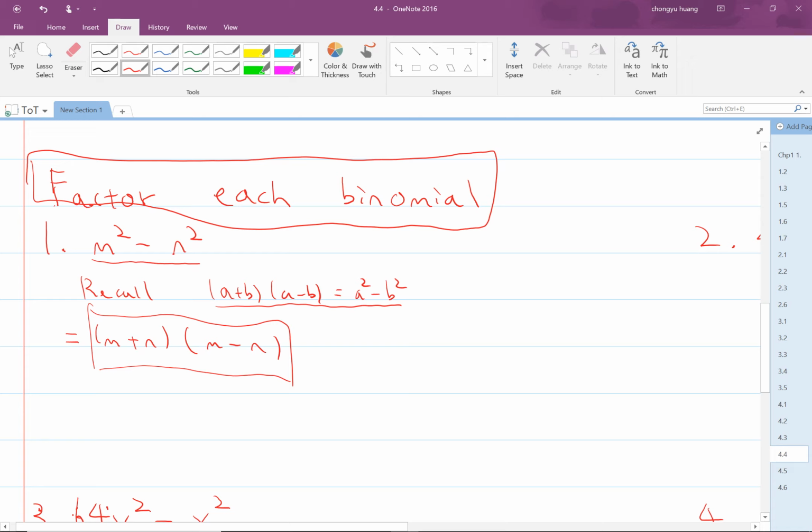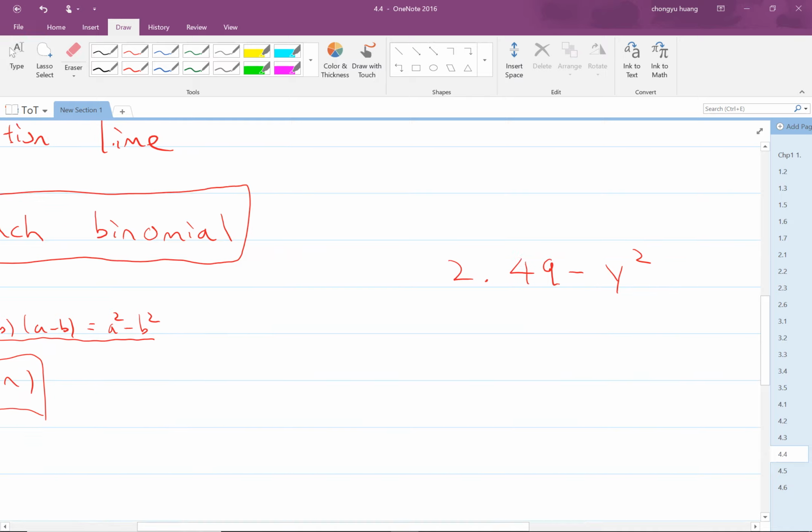So m plus n times m minus n is the solution for question 1, once we finish the factoring. Question 1 was just a brief start, and then let's move into question 2.